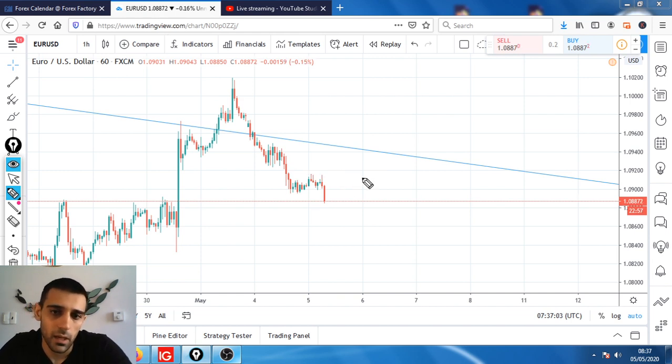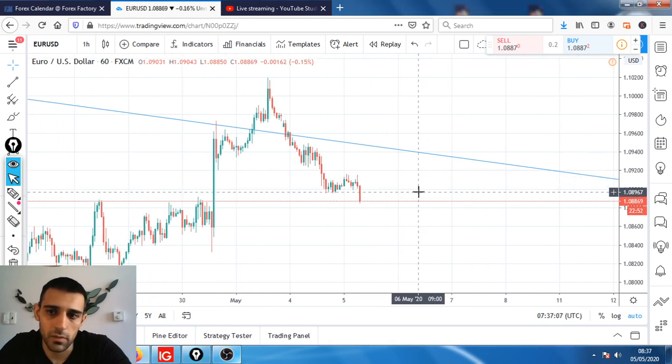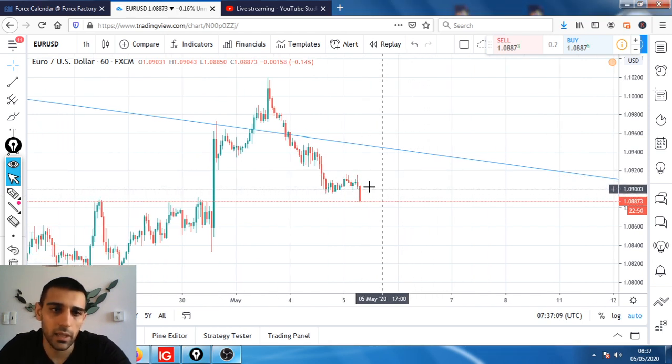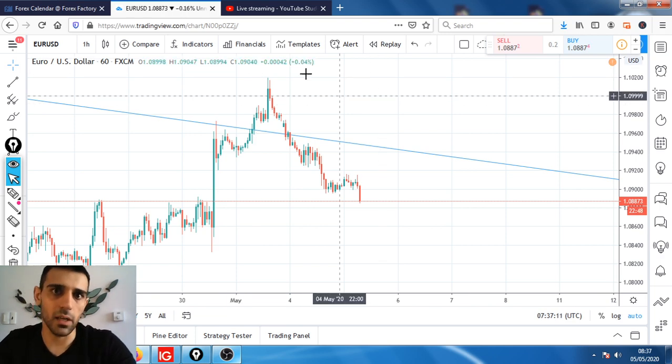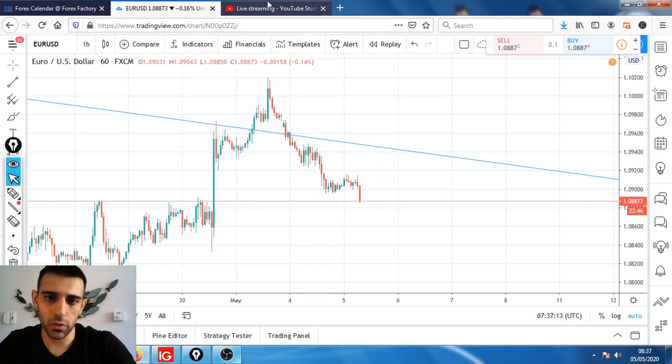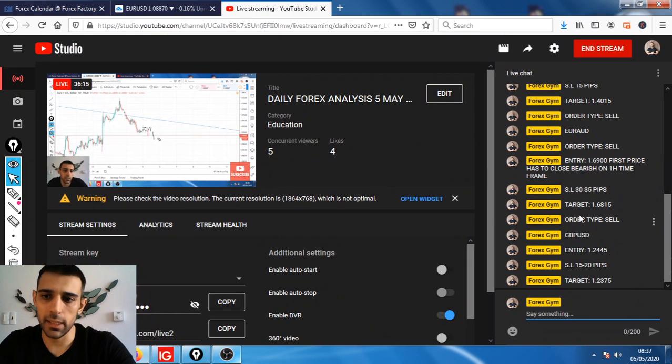So let's write the levels of the entry. The entry is a sell order. There are a lot of sells today as far as the shorter time frames go.